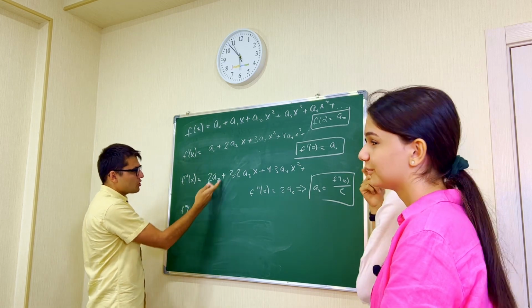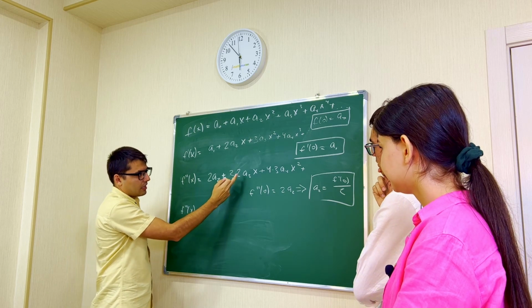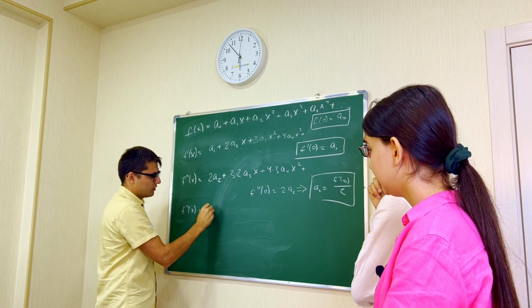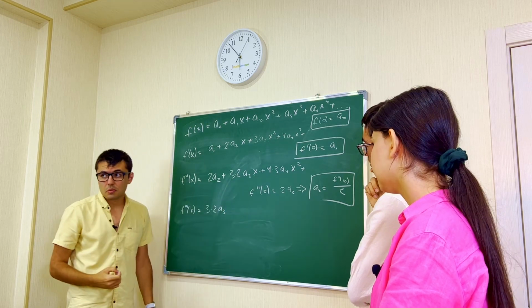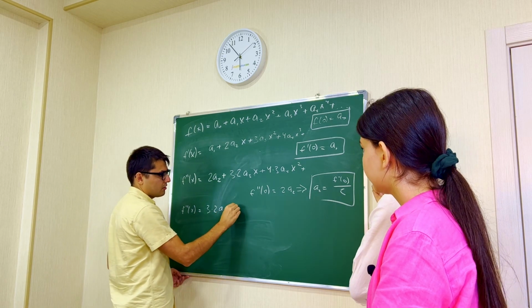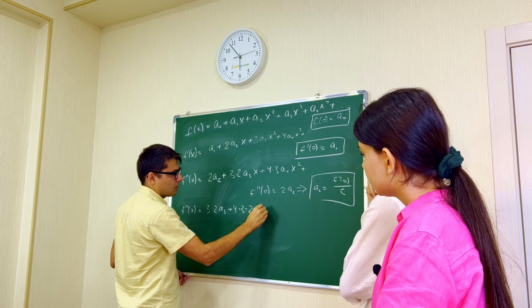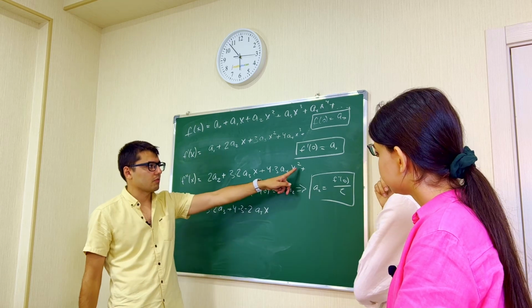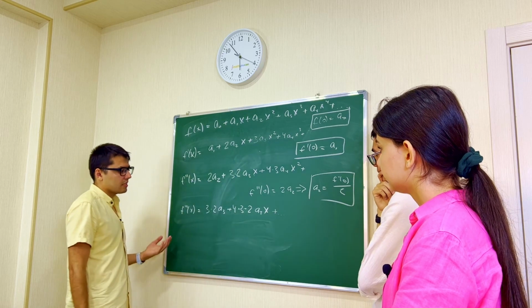So this term will disappear because it's a number. So it's 3 times, I move it here, 3 times 2. Again, x disappears because the derivative of x is 1, plus 4 times 3 times 2, just x, because we reduce the power by 1, and we do the same thing.